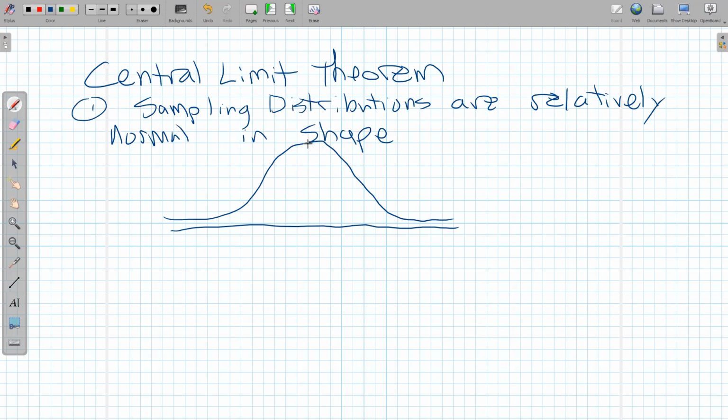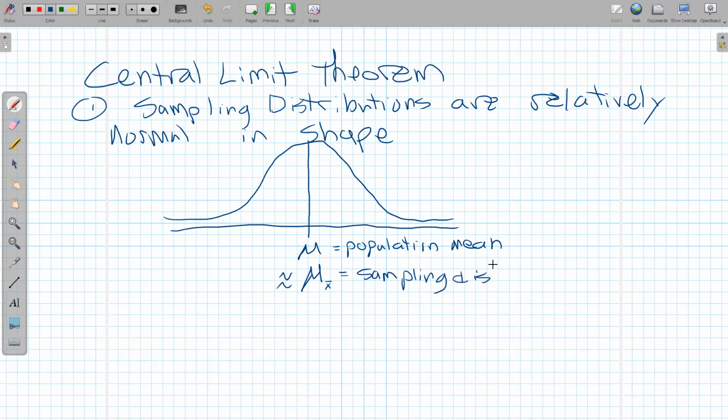The second thing the central limit theorem says is that the mean of the population, mu, is going to be about the same as the mean of the sampling distribution. So this mu right here, again, is the population mean. And then I mentioned this mu with a little sub x bar there. That's from the sampling distribution. Now, we generally don't have the ability to run thousands and thousands of samples of size 50, for example.